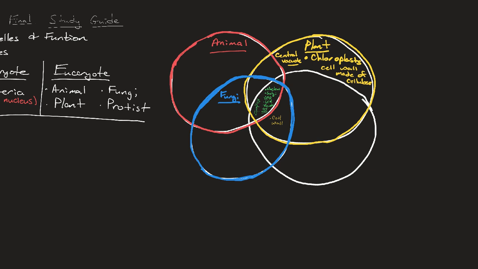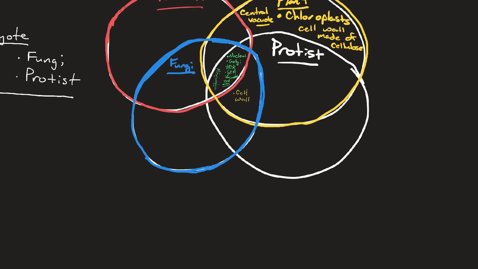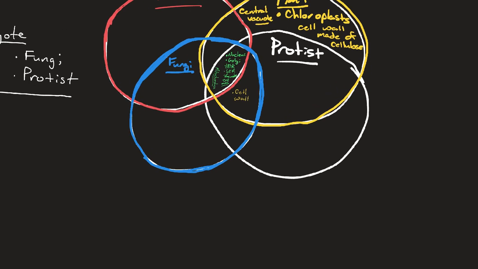Okay. And then the last is protists. They're all over the place. They have cell walls. I'm thinking. Yeah, I think they have a contractile vacuole, and they don't share it with plants.